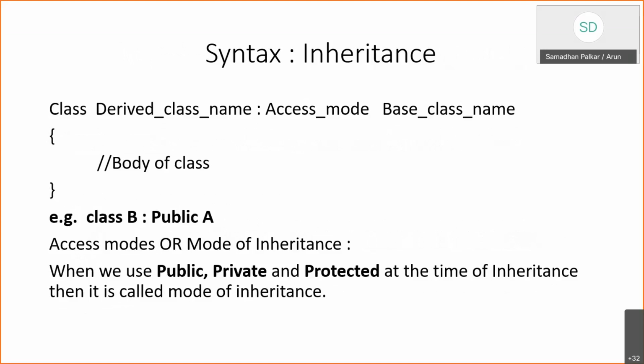Now we'll move to the syntax part. How do we achieve this inheritance? By using the syntax and keywords which are there in C++. The syntax is there on your screen.